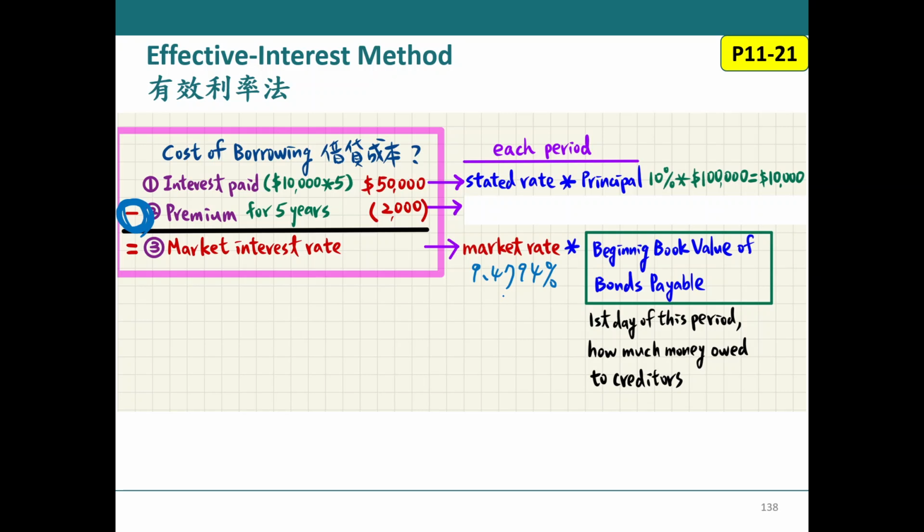So based on investors' want, market interest rate 9.4794% times what? How much money you owed, right? So how much money you owed? Your liability, right? So based on how much money you owed, your liability.